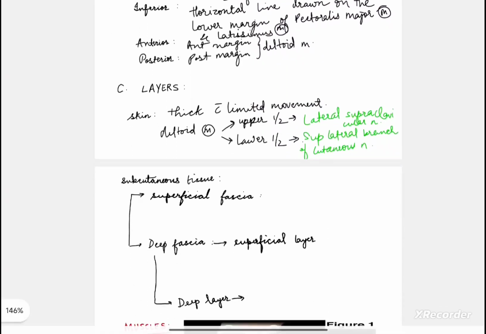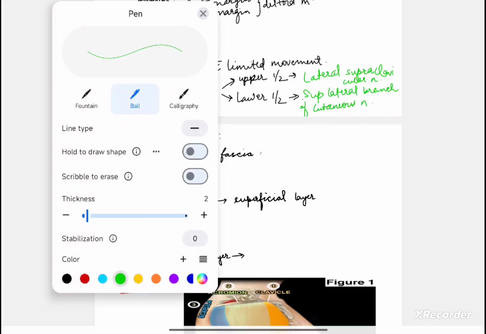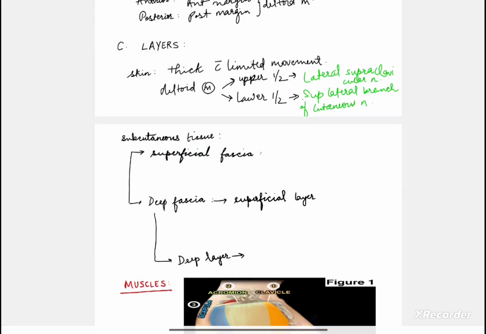Now we move on to the next layer, the subcutaneous tissue. In this subcutaneous tissue, there is a moderate amount of fat and it is divided by septa. Now there are two divisions of this subcutaneous tissue: superficial fascia and deep fascia.